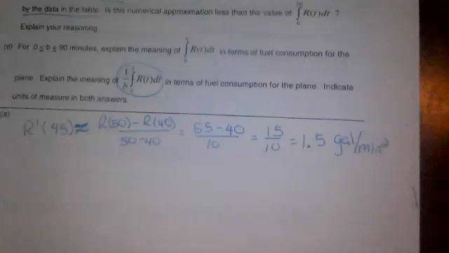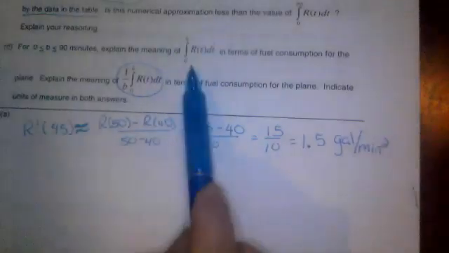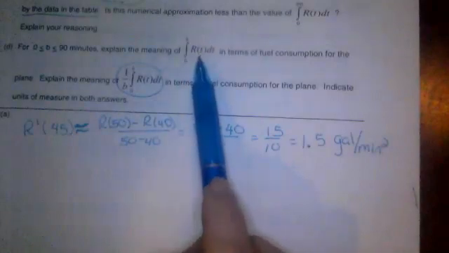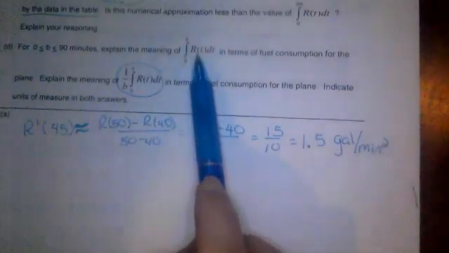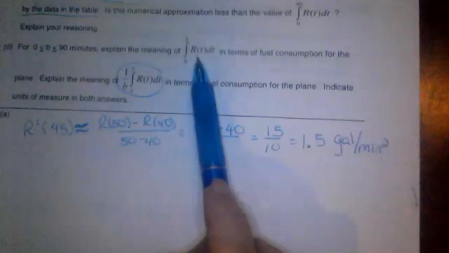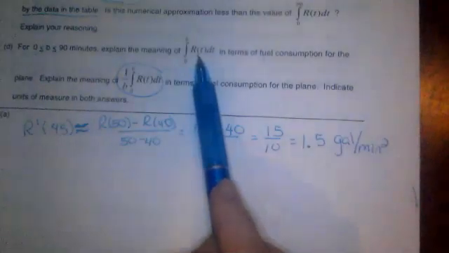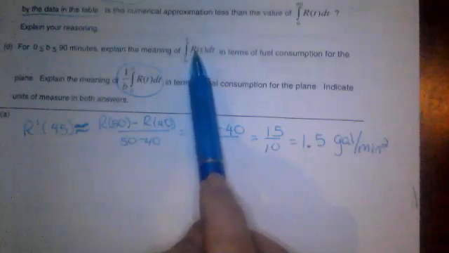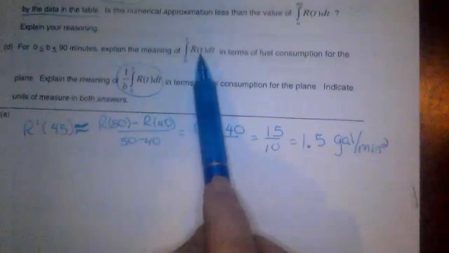So let's just talk about what this integral means again. Remember that the integral is the area under the curve. And when we first talked about this area under the curve, we had a velocity function. And what the area under the curve gave us was the distance, in miles. So it was in miles per hour, and the area under the curve gave us distance in miles.